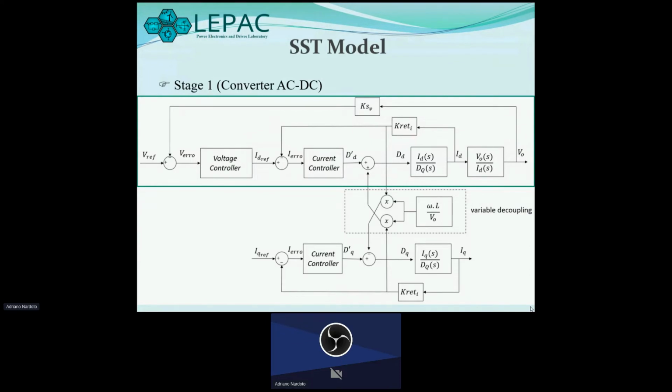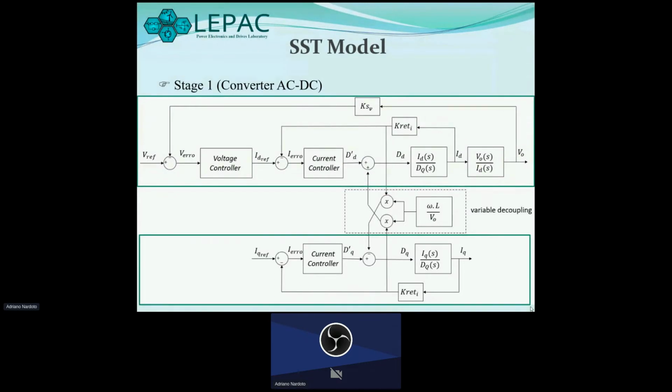This reference is compared with the direct axis current measured by the sensor. The error between the currents enters the current controller, generating the coupled direct axis duty cycle. After decoupling the variables, the decoupled direct axis duty cycle is available. The duty cycles enter the modulator, generating the command signal to the IGBT.